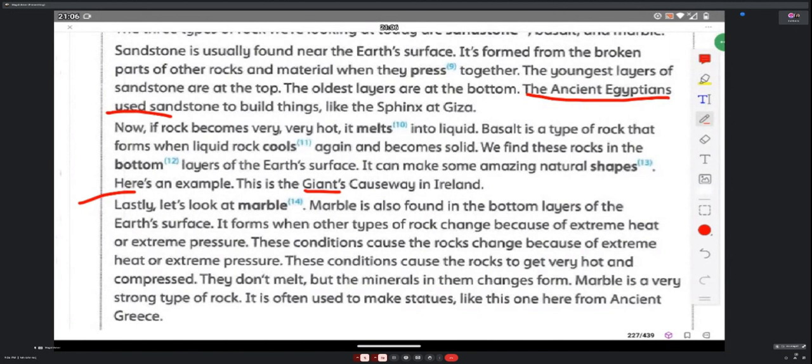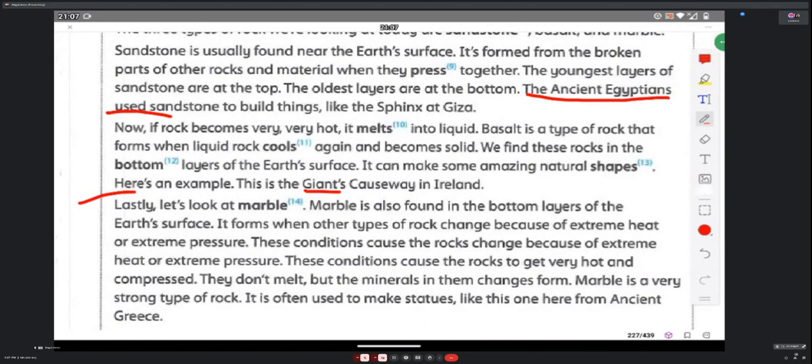Lastly, let's look at marble. Marble is also found in the bottom layers of the Earth's surface. It forms when other types of rocks change because of extreme heat or extreme pressure.